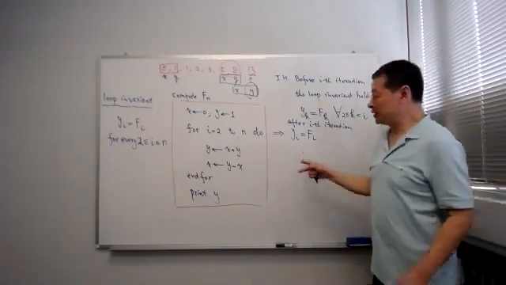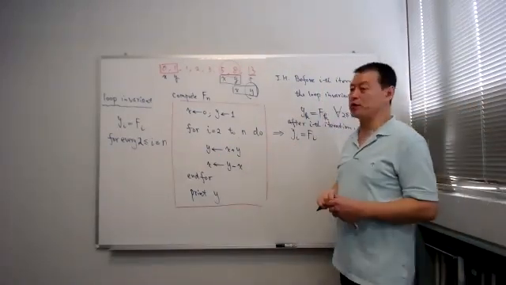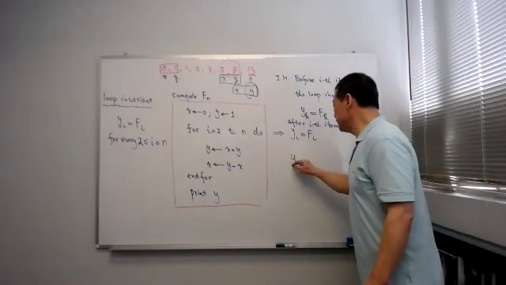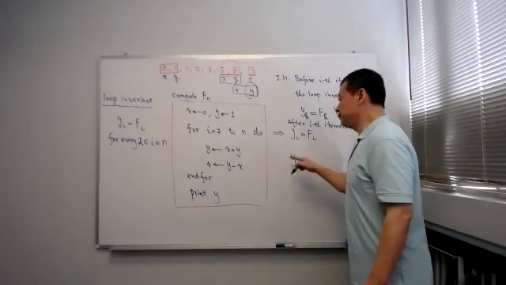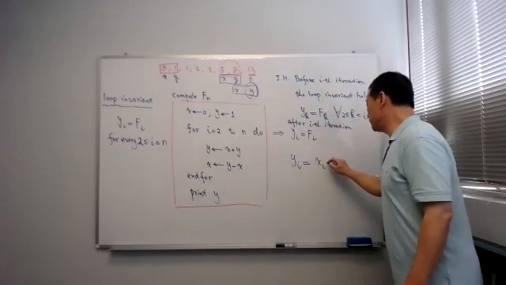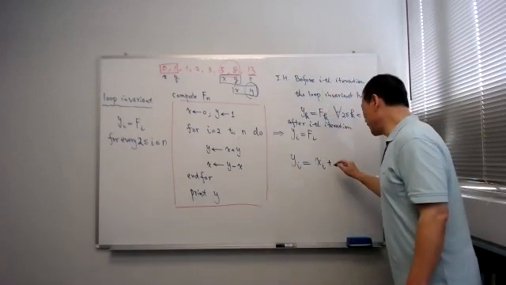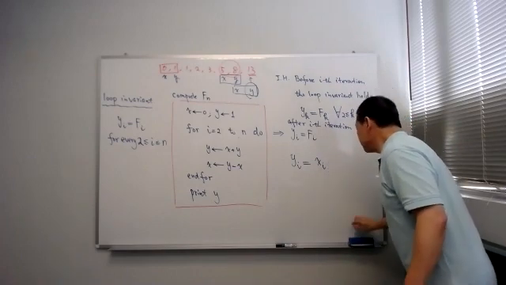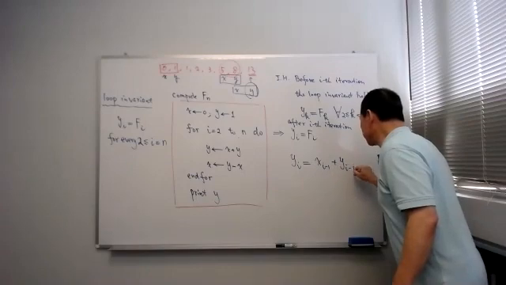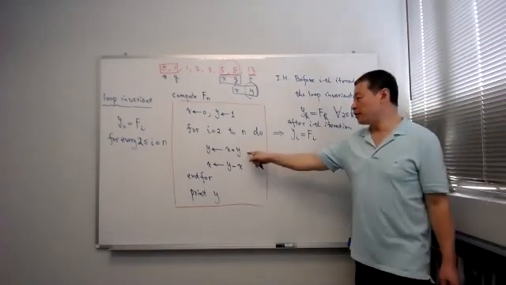Of course, then we need to see what's going on inside the algorithm. All right. So what we have is yi equals, by the algorithm, x i minus 1, plus y i minus 1. So inside the algorithm, that's what we get.